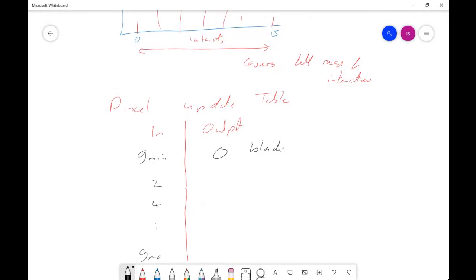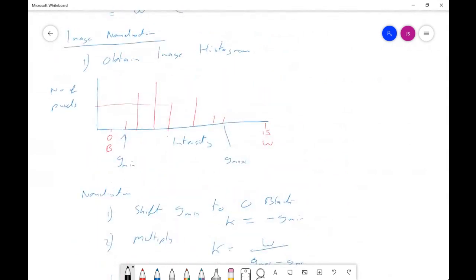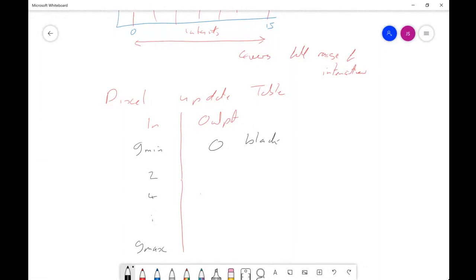G max in the original histogram, that point there, will become W, which for 4 bits is going to be 15, call it white, and you will have all the values in between. And so you then take the original image, read the input pixel value, replace it with the output pixel value, and that will give you an enhanced image.